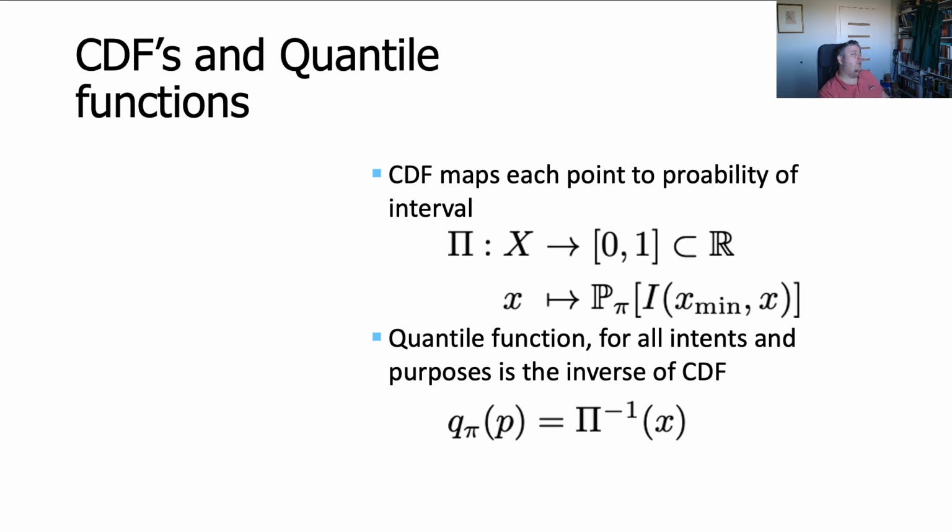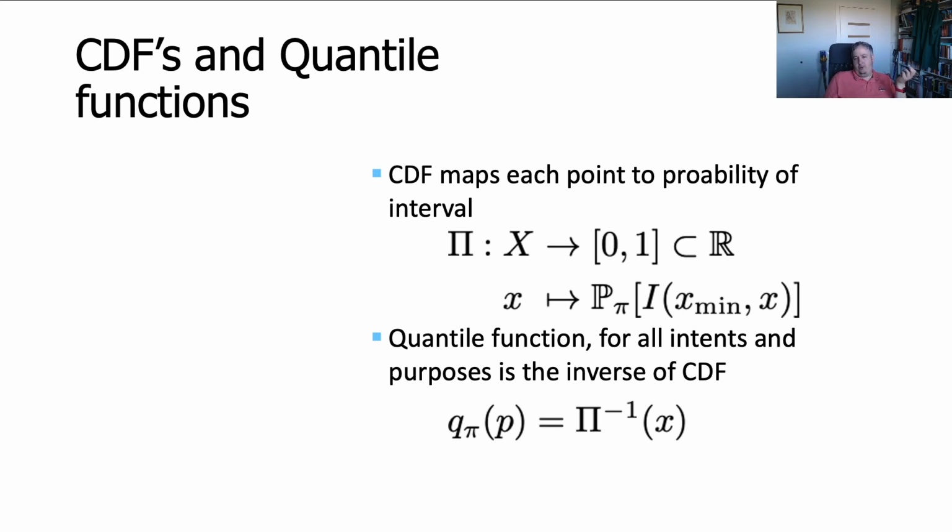So this gives us a tool to generate random numbers between 0 and 1. But we want to get samples from an arbitrary distribution, and that becomes more complicated.